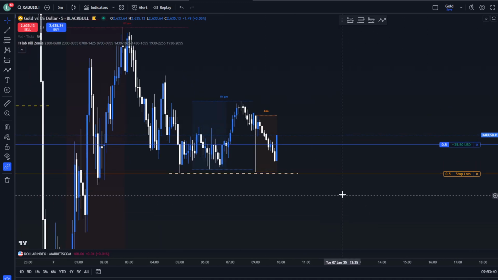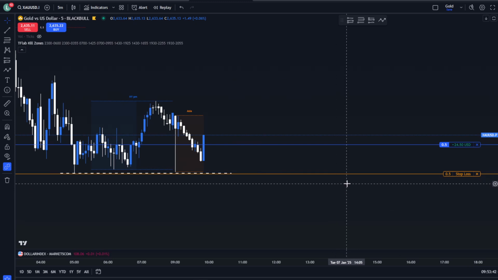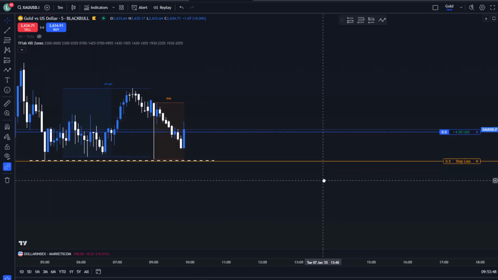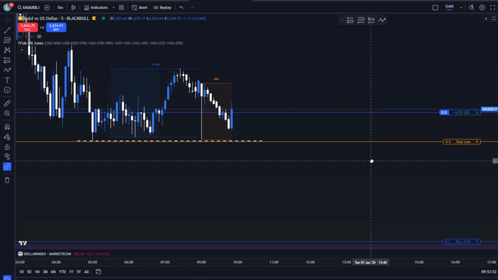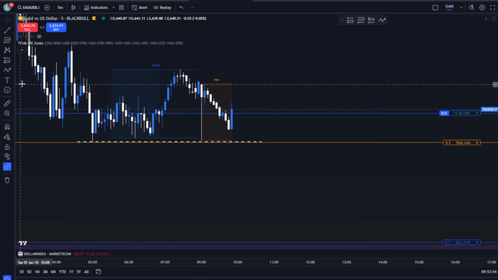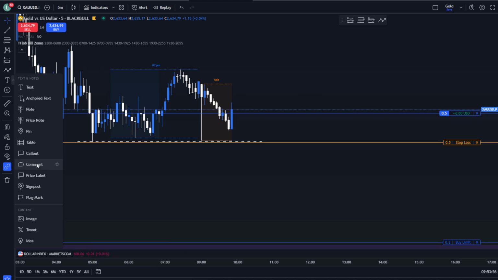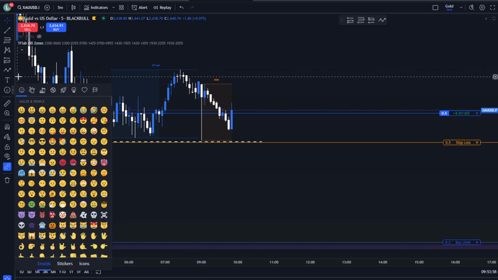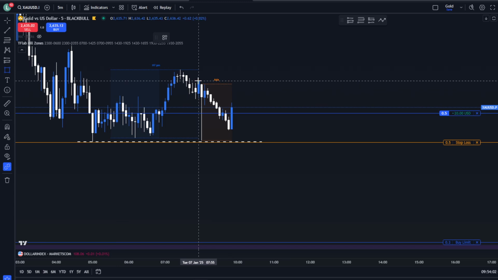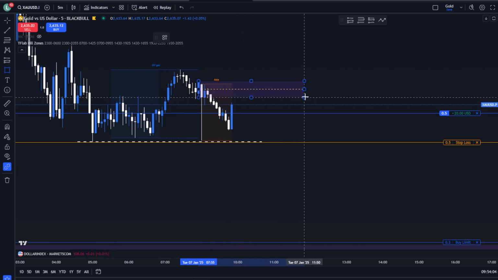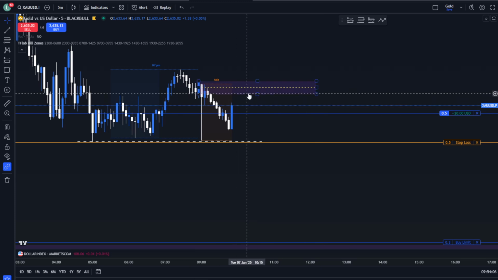It looks like we're making some big moves up, but this could be just some manipulation to the upside. So we'll see. If we create a big wick down, that's probably not going to be optimal for the trade that we have on, because we have this zone here, which could be considered an order block.